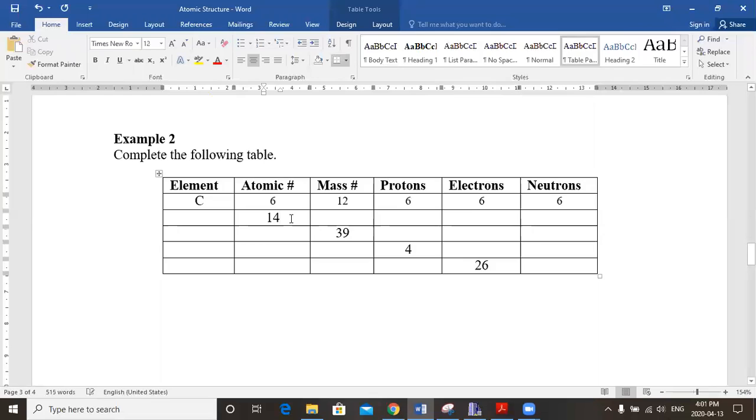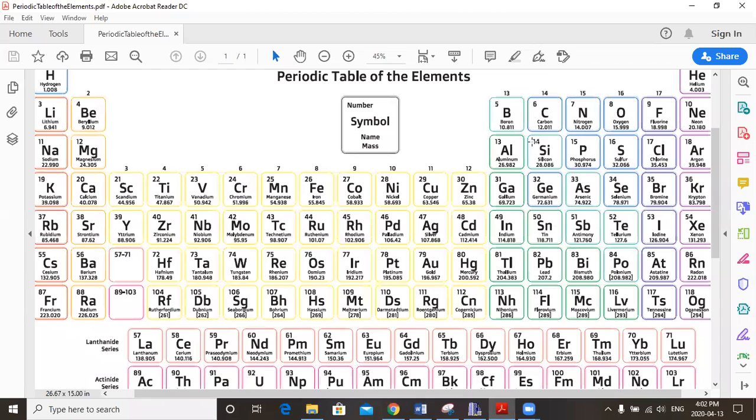So the atomic number 14. Now, as soon as we know the atomic number, we automatically know the protons and the electrons. So we can fill that right in. 14, 14. So let's go figure out on the table what atomic number 14 is. So we go to our table, we find 14, and it's silicon. So before we go back, we'll look at the mass number. It's 28.086.